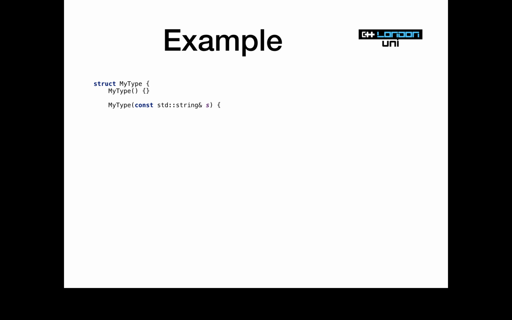Now we've got a second constructor. So this is an overload of the first constructor. This one takes a const reference to a string. And we'll see in a minute, we've got a member variable called str. It gets initialized from this.